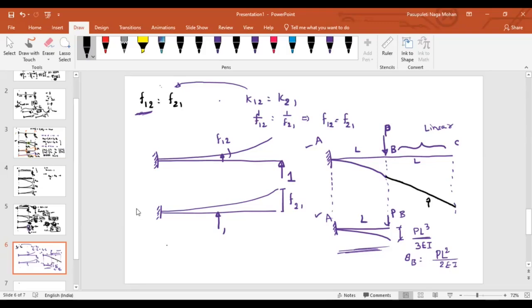So here this portion will be linear. As there is no load acting at point B, the BC portion will simply rotate with respect to the slope at point B. Now you know from here to here what the deflection is. From here to here, what is the deflection? PL cube by 3EI.